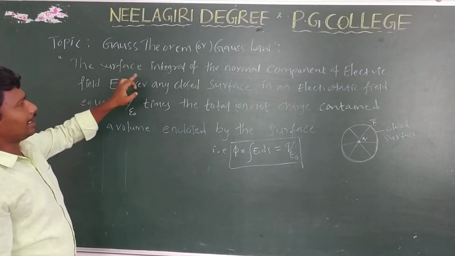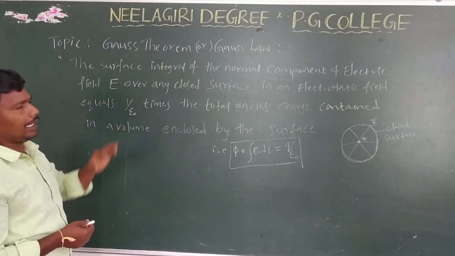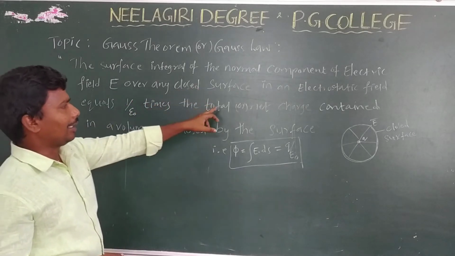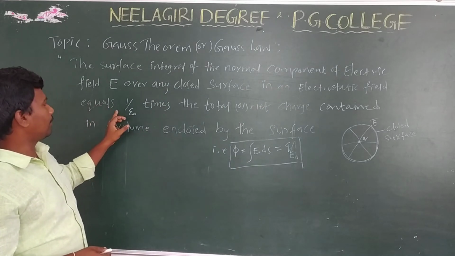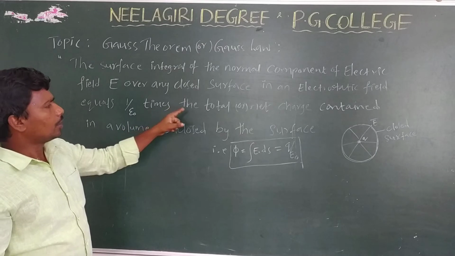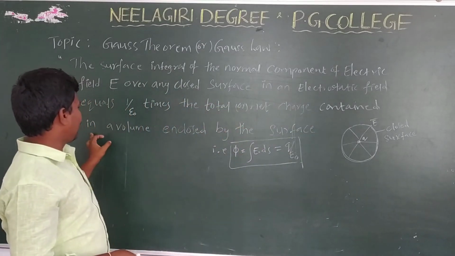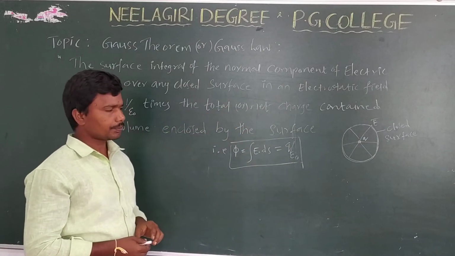The surface integral of the normal component of the electric field over any closed surface in an electrostatic field is equal to 1 by epsilon naught times the total net charge contained in the volume enclosed by the surface.